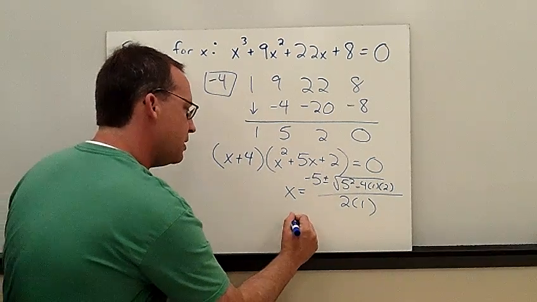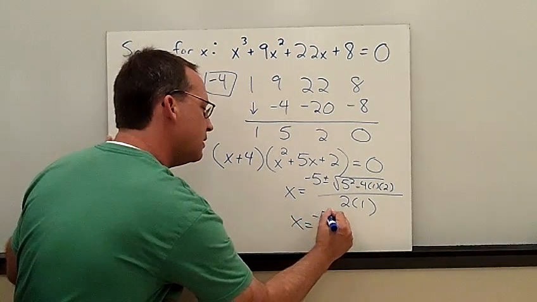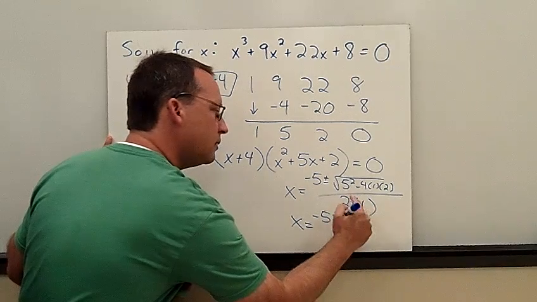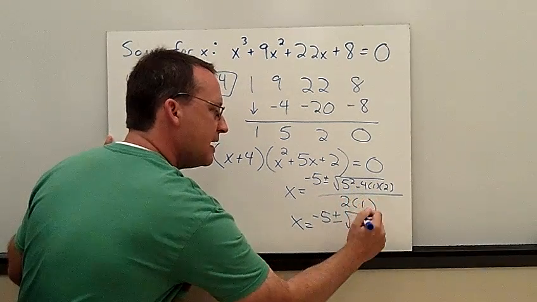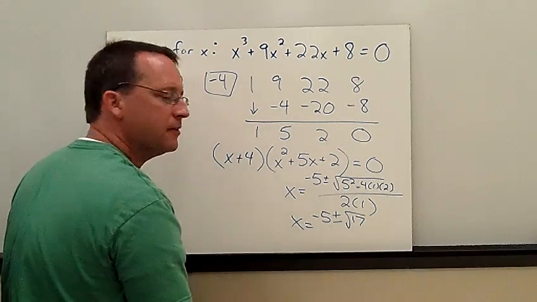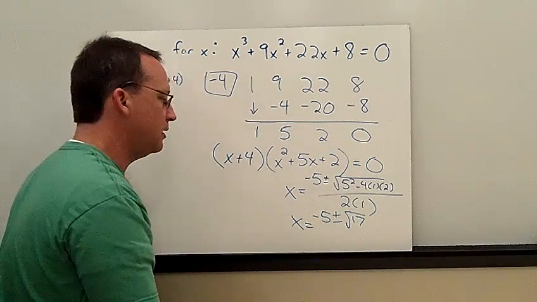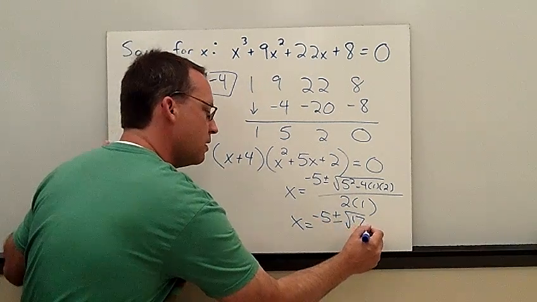So let's see, my discriminant there, 25 minus 8 is going to be 17. Yeah, that wouldn't have factored because 17's not a perfect square.